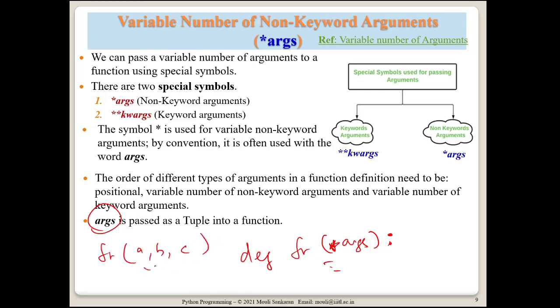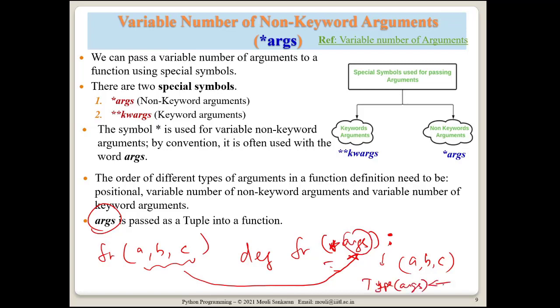Now this a, b, c all of them fall into this. How is it going in? It is going in as a tuple of a, b, c. So if you look at the type of args, it will be a tuple.